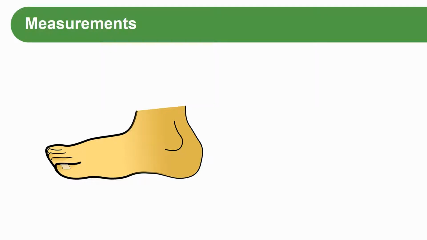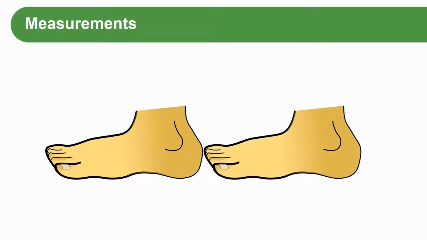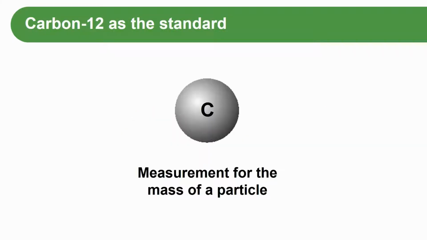Here we have 1 foot, and the rest of the measurements of length is being compared to 1 foot. And we can have, let's say, 2 feet. How about mass? For mass, we use carbon-12 as a reference, or we call it a standard.